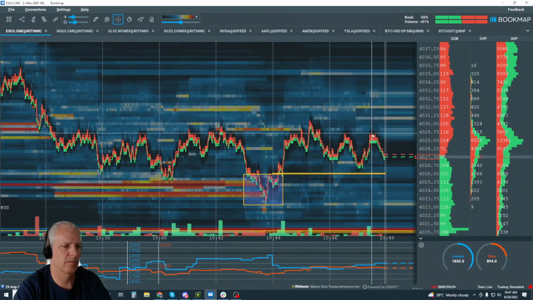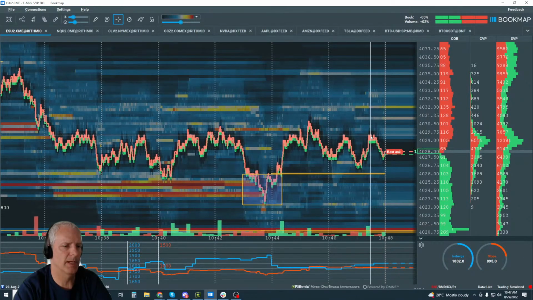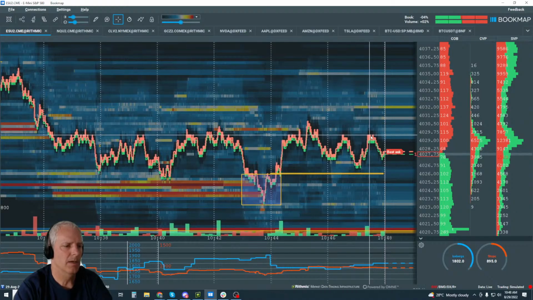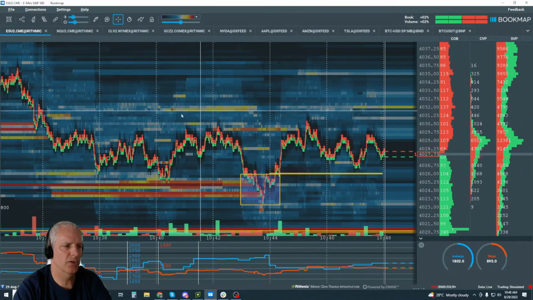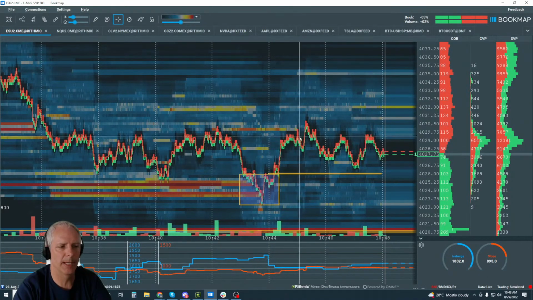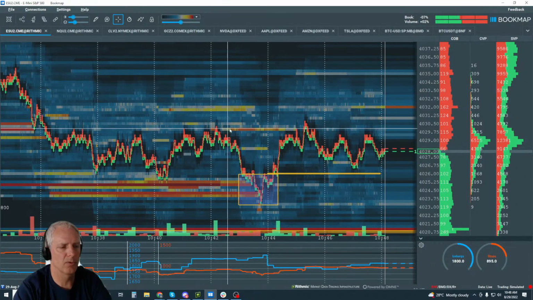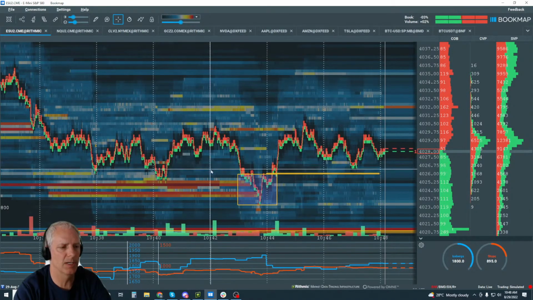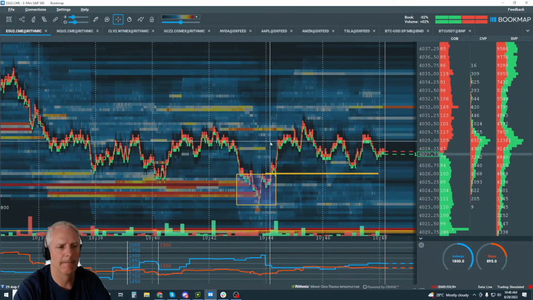All right, so they just made an equal high here. Okay, so this structure in here is more complex. Okay, so who's really in control in this area in here is what we're trying to determine.